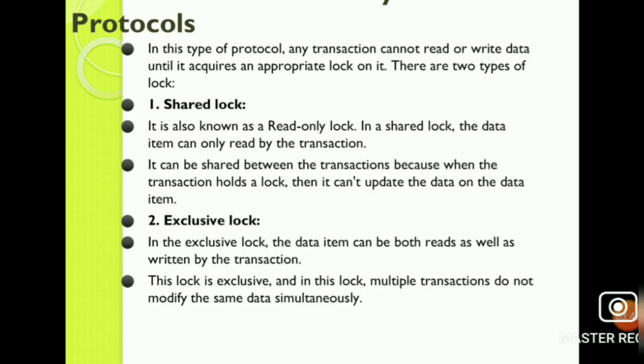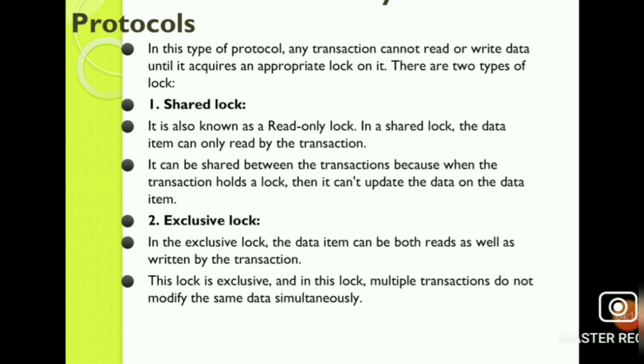First one, lock-based concurrency control protocol. In this type of protocol, any transaction cannot read or write data until it acquires an appropriate lock. So the transaction has to first acquire a lock and then it can start. There are two types of lock: shared lock and exclusive lock.